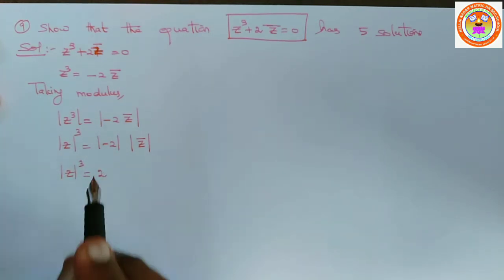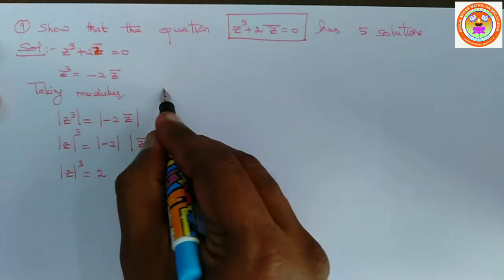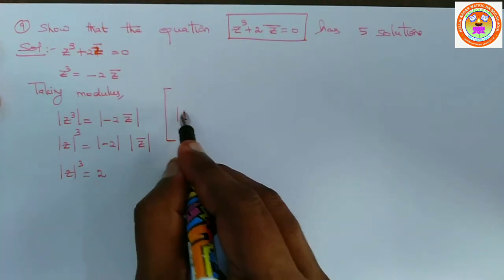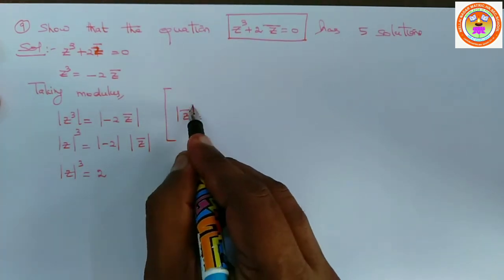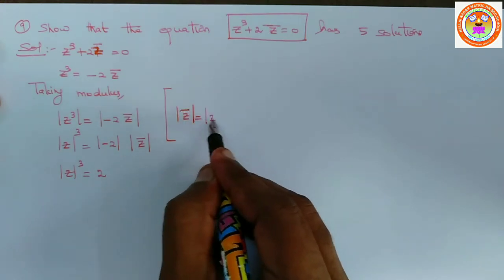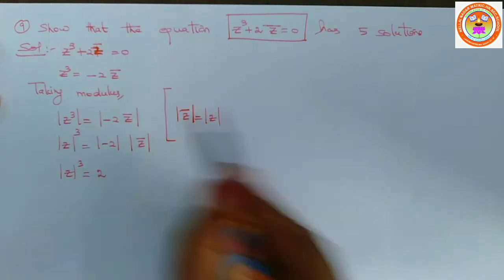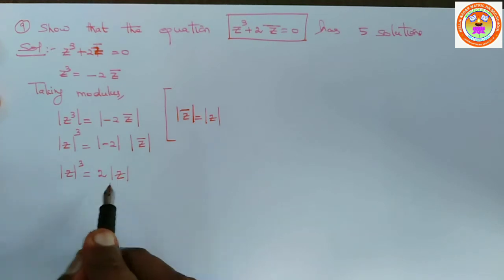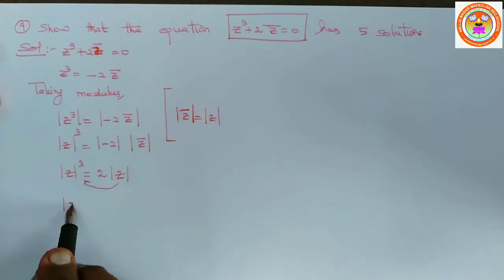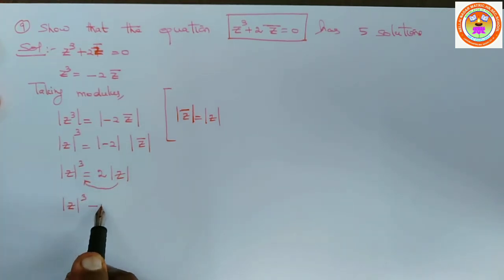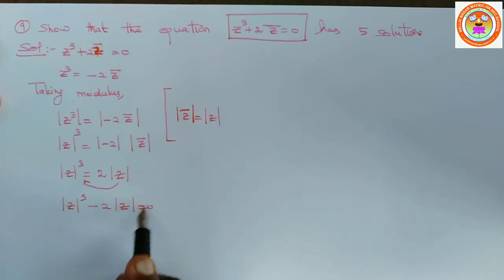Modulus of minus 2 z bar becomes 2 modulus of z bar. We know the formula in modulus: the bar can be removed, so we can write 2 modulus z. Now let us move this side: modulus of z cube minus 2 modulus of z is equal to 0.